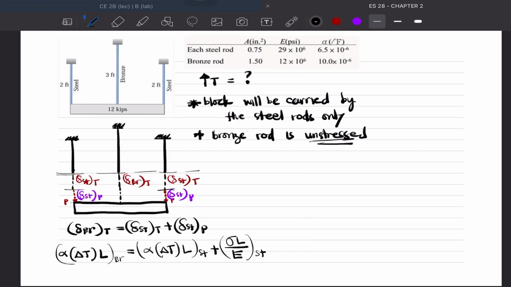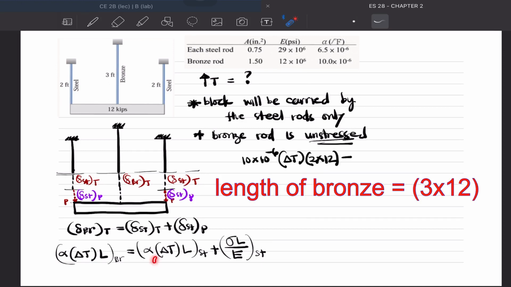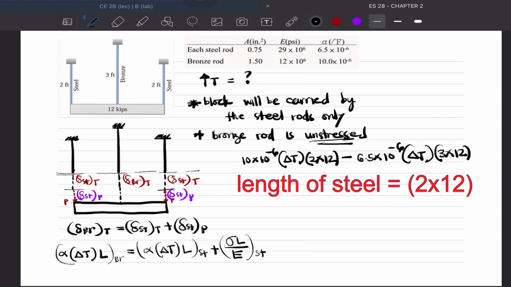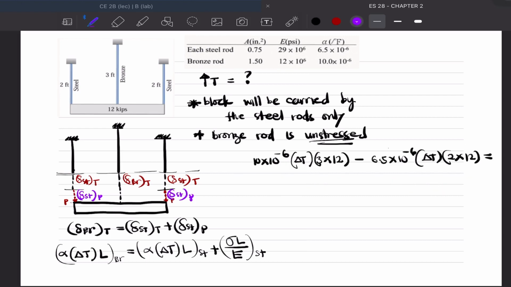Okay, values. 10 times 10 to the negative 6, delta T is unknown, length of the steel is 2, equals minus, so we move this to the other side, 6.5 times 10 to the negative 6, delta T, L of the steel is 3 times 12, equals, for this one, PL over AE for the steel.